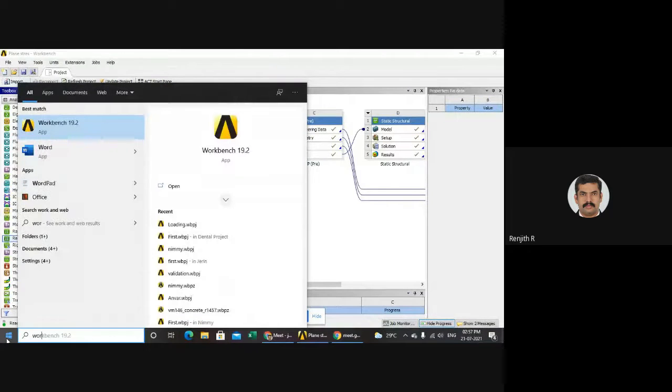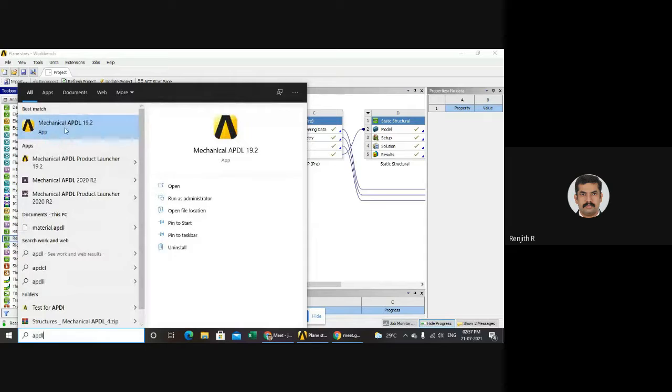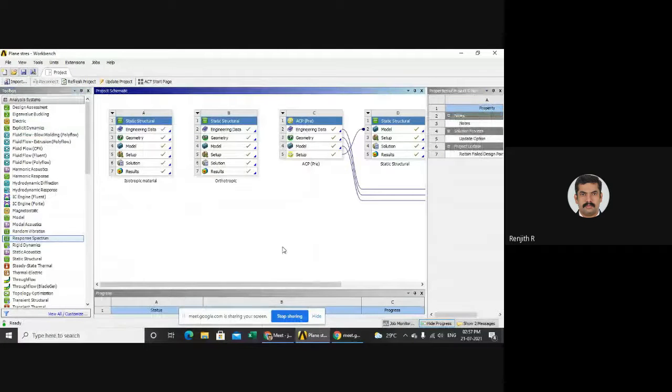If you type Workbench, you can see the ANSYS version, and if you type APDL, you can. Ranjit sir, it is not audible.